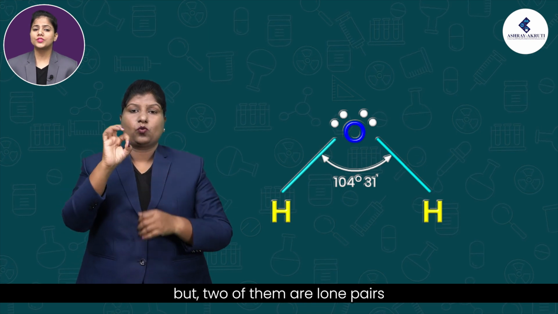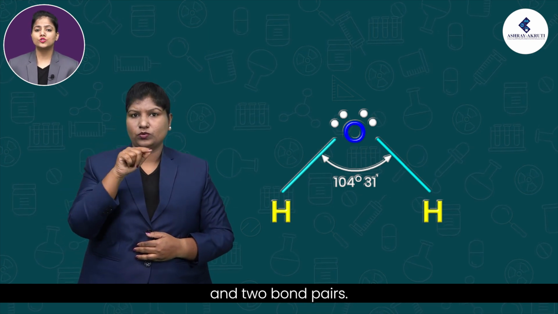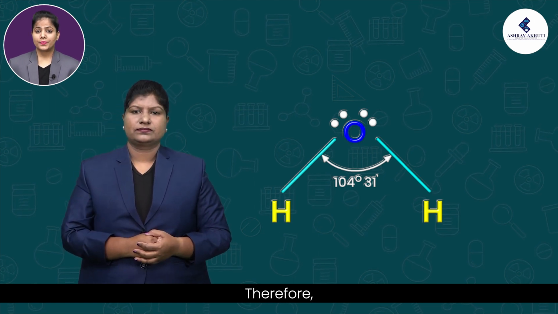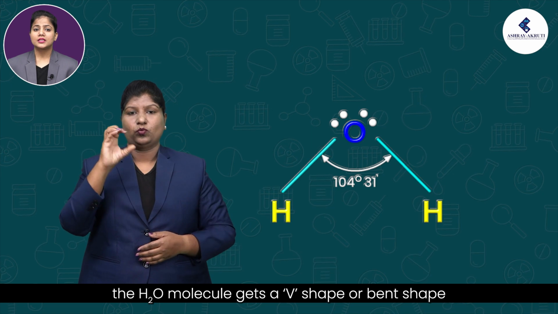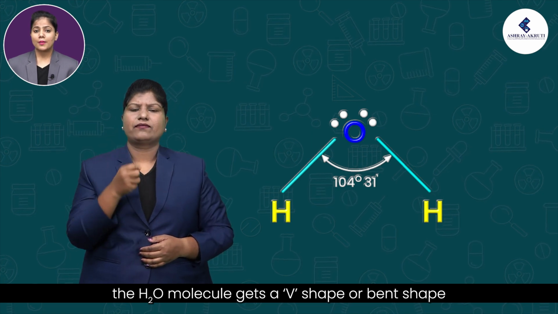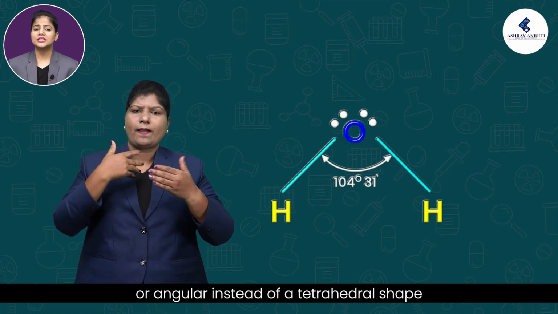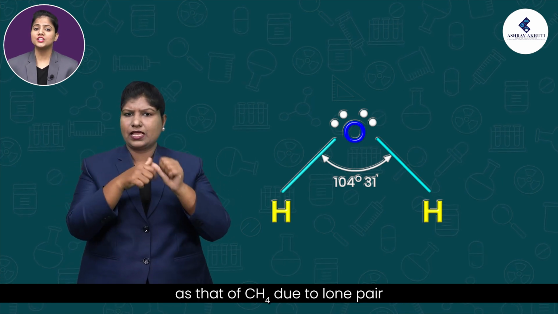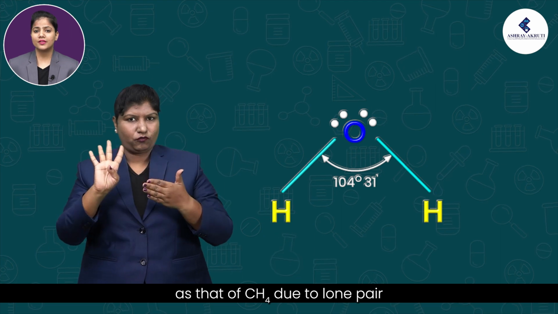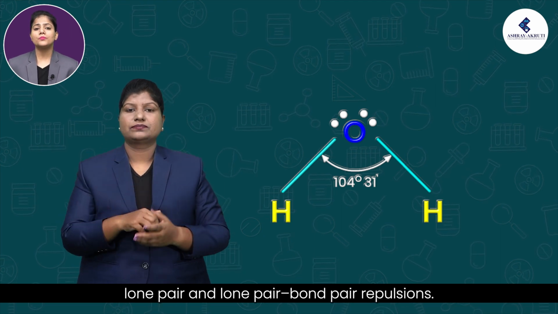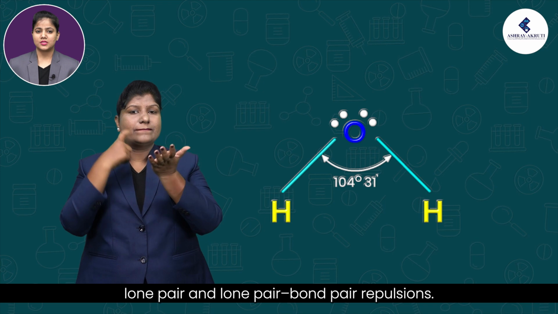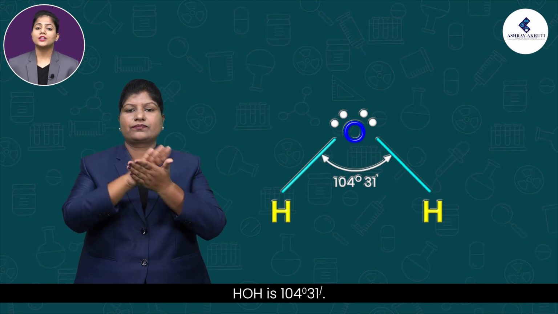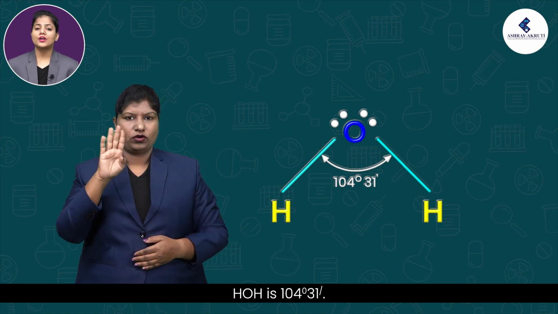But 2 of them are lone pairs and 2 are bond pairs. Therefore, the H2O molecule gets a V shape or bent shape or angular shape instead of a tetrahedral shape as that of CH4, due to lone pair-lone pair and lone pair-bond pair repulsions. HOH is 104 degrees 31 minutes.